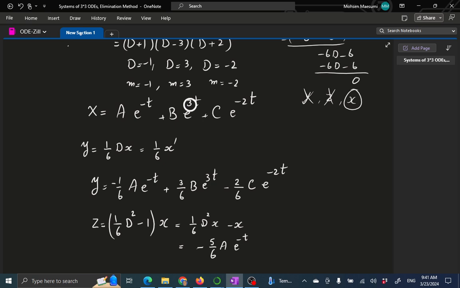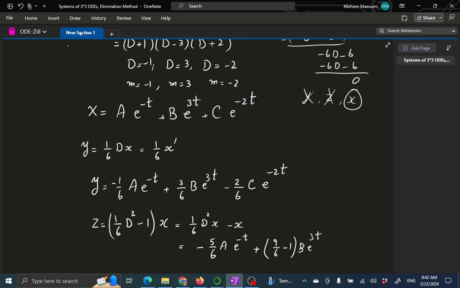The second derivative of this is going to become 9. 3 times 3 is 9. Divided by 6, that's this factor, minus 1, then b exponential of 3t.